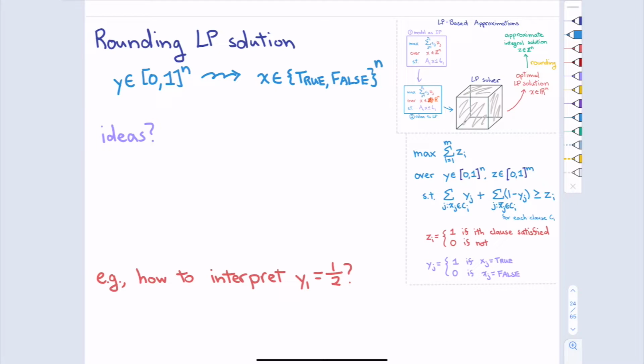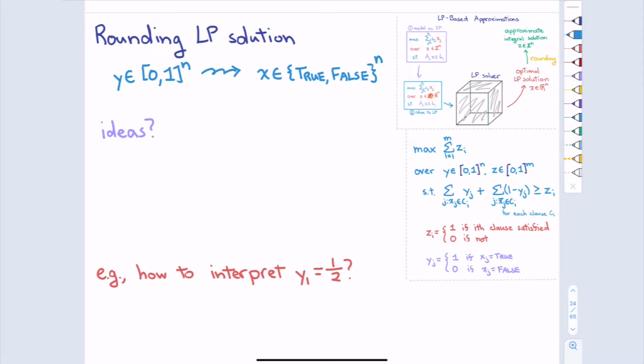For the deterministic one, I think maybe one counterexample might be the following. Imagine I have lots of clauses with lots of variables. Something that would satisfy this clause in our LP is if I had set all of these to be a small value but adding up to 1.